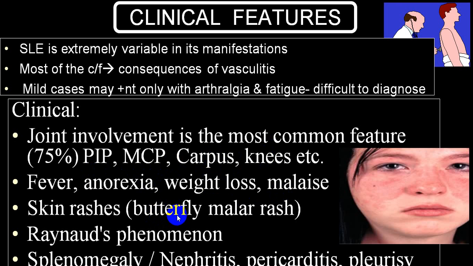A classical butterfly malar rash, Raynaud's phenomena, splenomegaly, nephritis, pericarditis, pleurisy, these are what we call serious involvement.